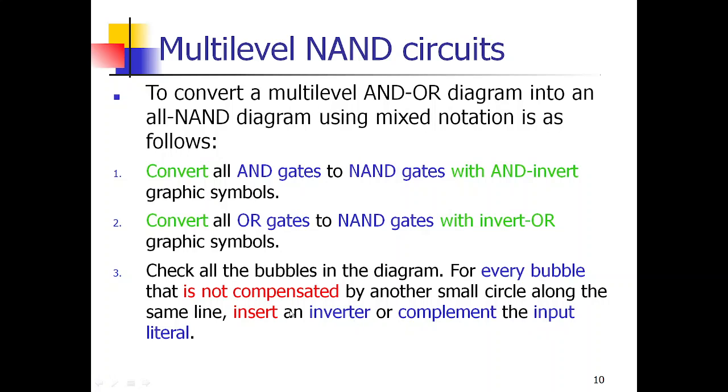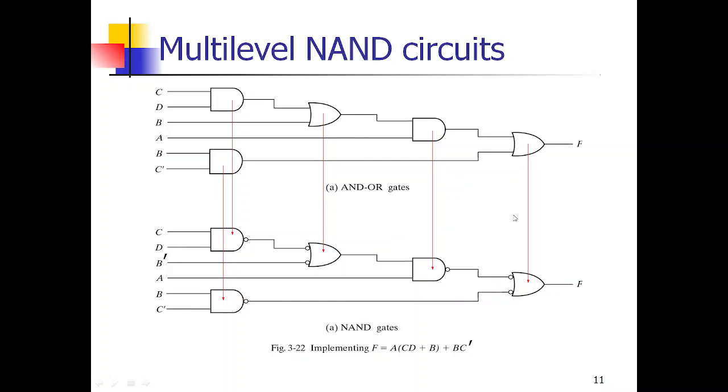One way is adding an inverter in the same input line, or otherwise we can make the input literal a complemented one. So with this we can make the bubbles compensated. So these are the steps we have to follow, and finally we can convert the whole AND-OR circuit into NAND gates. So here is an example.